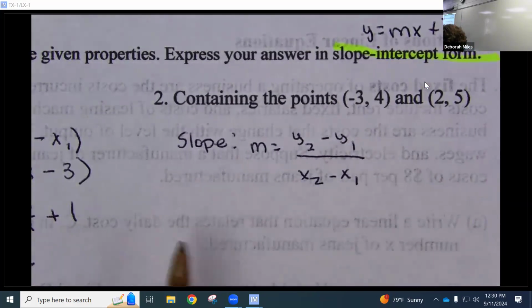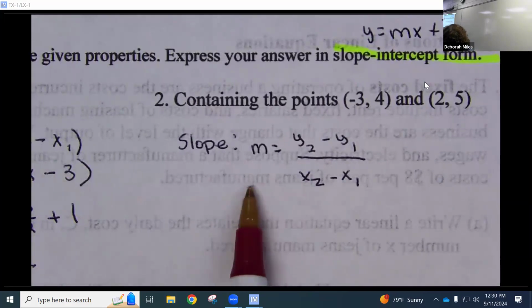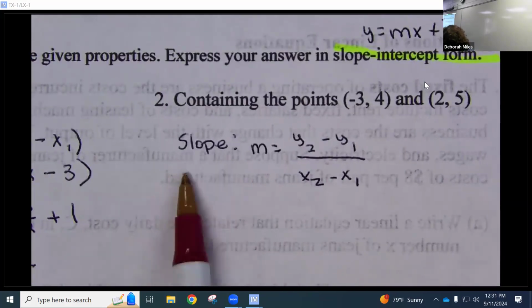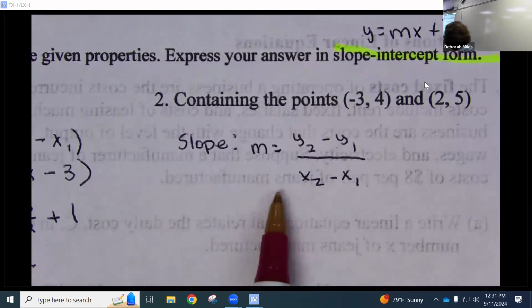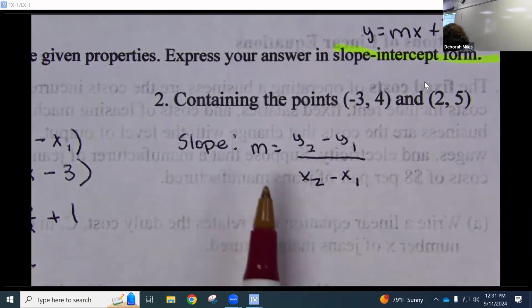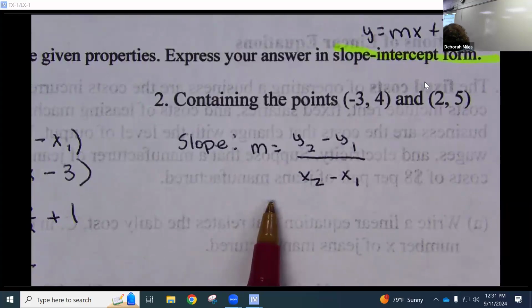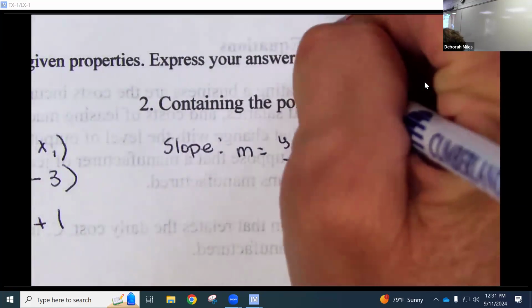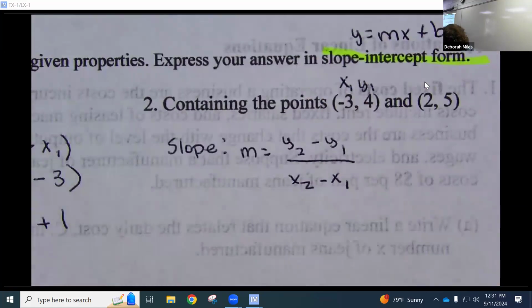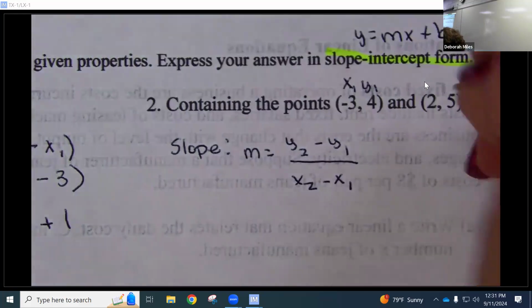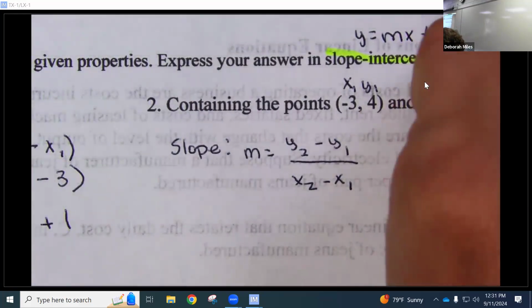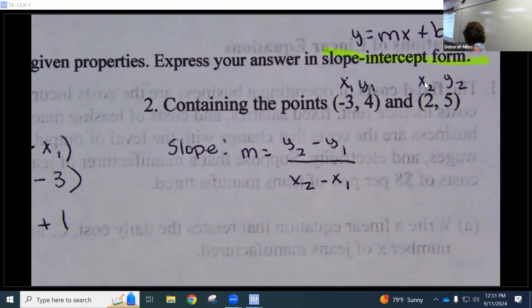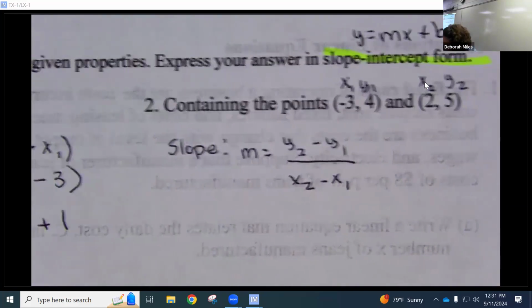And I'm illustrating something important to you here. Writing down the words and the formula on every problem is how you get the words and the formula in your head where you need it. I'm going to call this first point my x1, y1. And I'll call that second point my x2, y2. Really doesn't matter which one I call my first point, which one I call the second point.